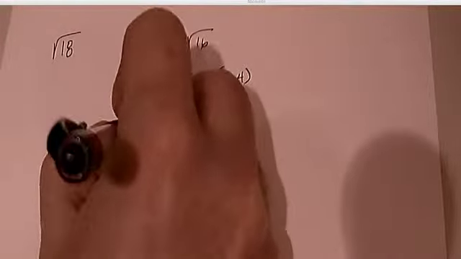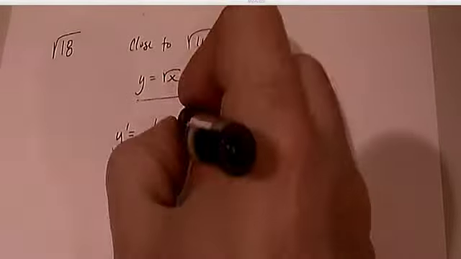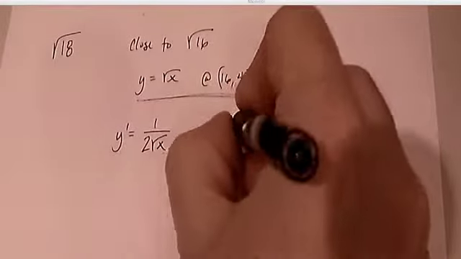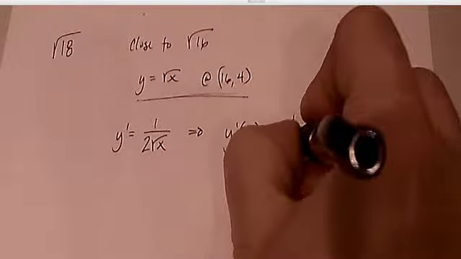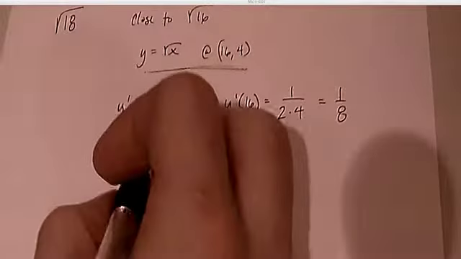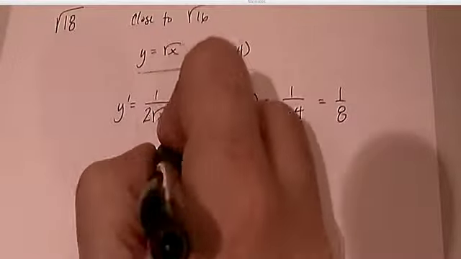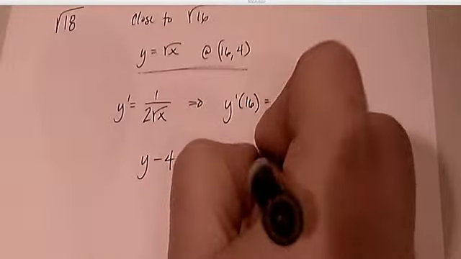So we know that y prime is equal to 1 over 2 root x. If I evaluate that at 16, I get 1 over 2 times 4, or 1/8. So that allows me to write y minus 4 is equal to 1/8 times (x minus 16).